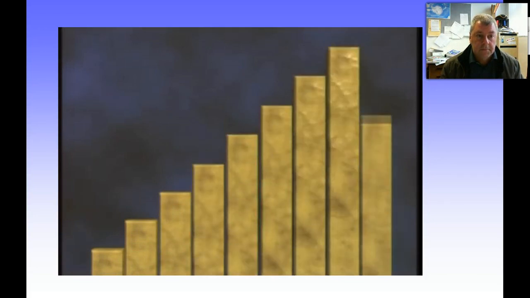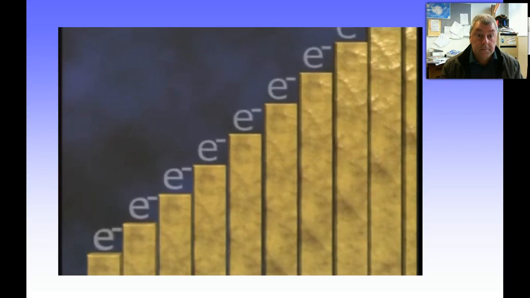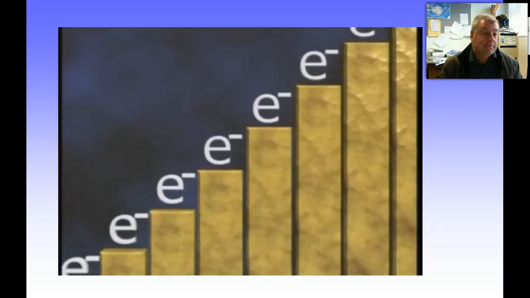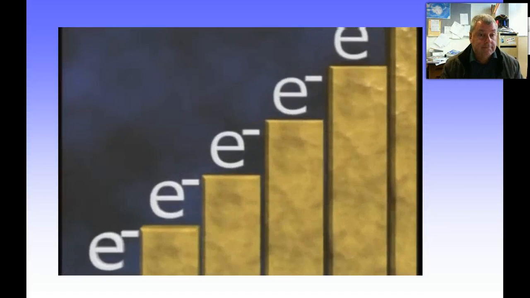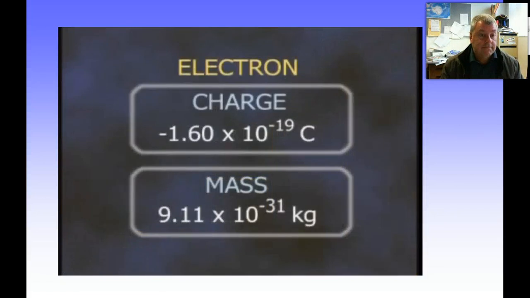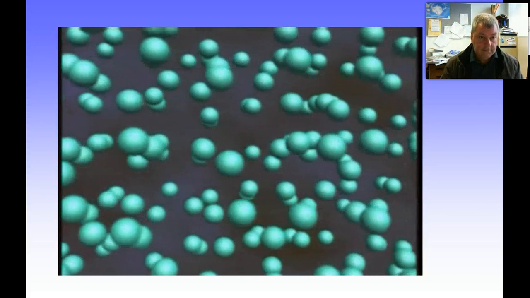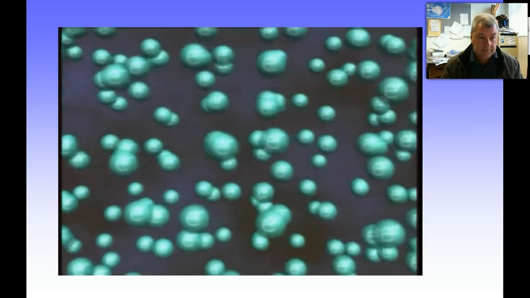There were none in between. The smallest steps represented the size of the charge of a single electron. Because Thomson had found the ratio of charge to mass, Millikan could calculate the mass of the electron. The charge was indeed tiny. Electrons are all the same, each with the same charge and the same mass.